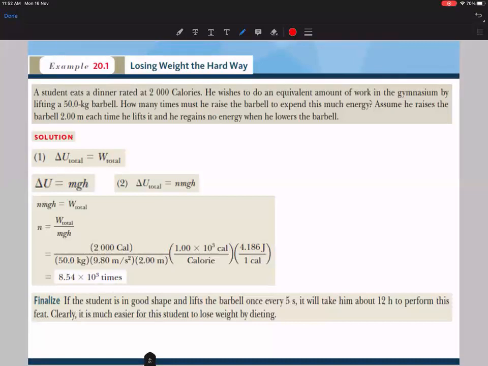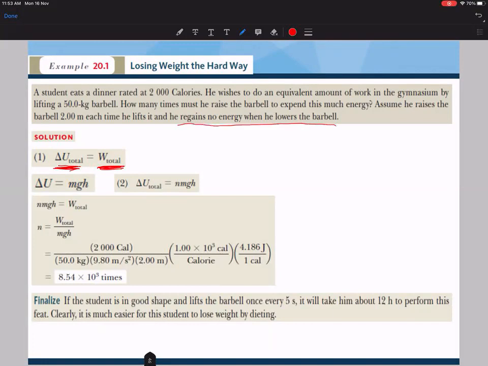We assume here that the internal energy change is equal to the work done. The work done for each raising of the barbell is equal to mgh, assuming that the boy does not regain any energy when he lowers the barbell.